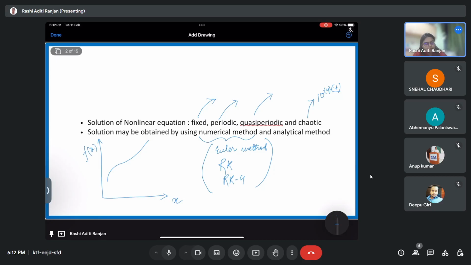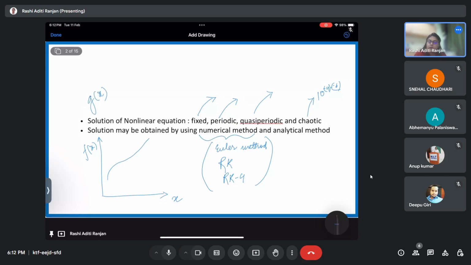We know the function, let us say we have some g of x, which is essentially the slope of the function. Now this is essentially df(x) with respect to dx. If you see on this graph, it is essentially the slope, right?